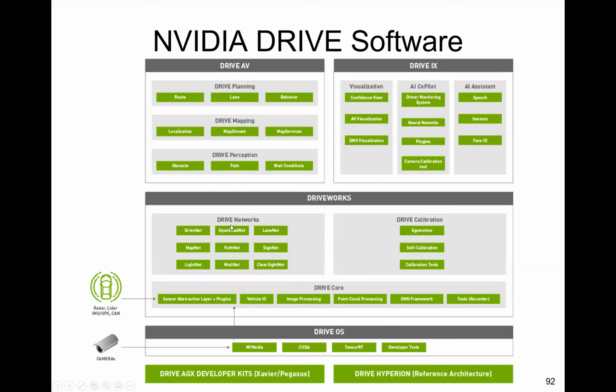The networks here means deep neural networks. They have LaneNet, DriveNet, MapNet, and so on. Calibration, and they have planning, mapping, and perception libraries for easy application development. So if you rely on NVIDIA hardware for autonomous driving, then you should use this framework, but it's specific to NVIDIA hardware.